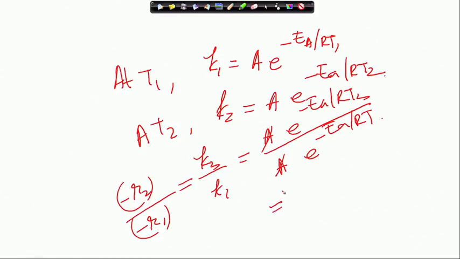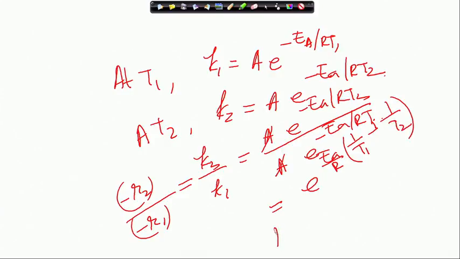So, if you take the top, then what we will get? E equal to E A, this is R 1, am I right? So, I can write E A by R, I can take common 1 by T 1 minus 1 by T 2, this we can write.